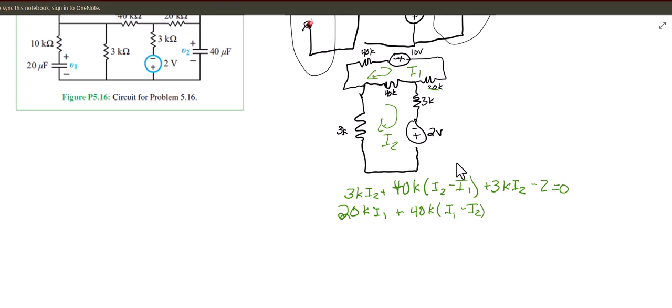Anytime you're doing a mesh current, the current that you're going on will be going in the opposite direction of the other current. If you draw all your currents going clockwise, or all counterclockwise, which I strongly encourage you to do, it'll just keep things straight. So then plus 40K I2 and then minus 10 equals 0. Now let me check and make sure that matches.